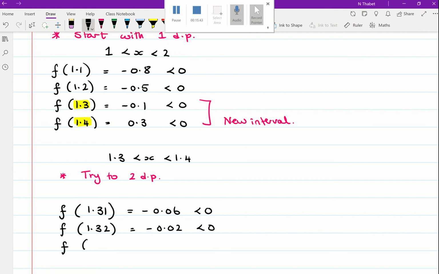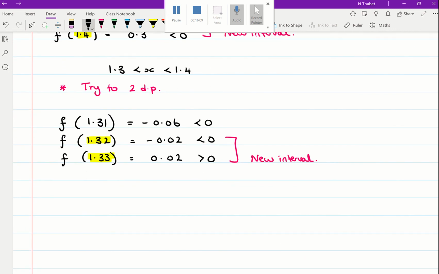And then I try 1.33, substituting it into the equation using my calculator, and I get 0.02. Now there's a change in sign, which means that there's an interval between 1.32 and 1.33. So new interval: x is bigger than 1.32 and smaller than 1.33.